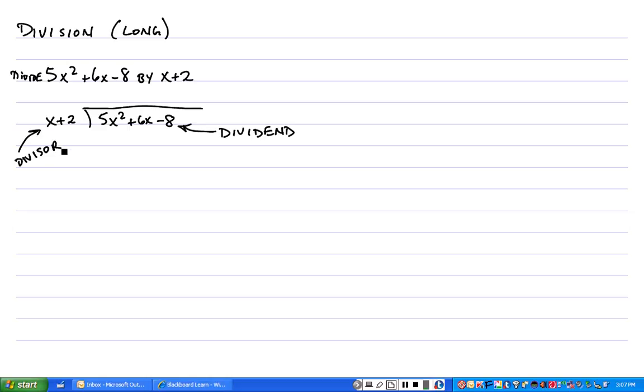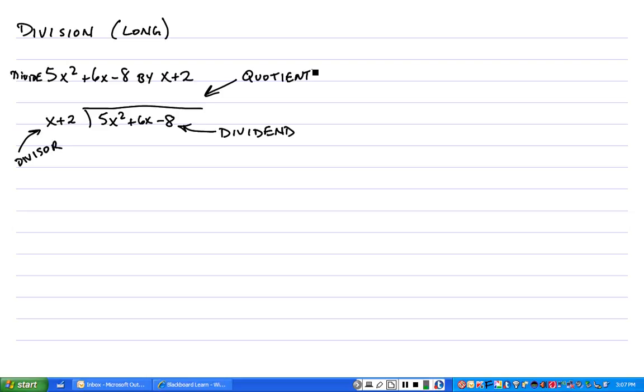So what we're dividing by is our divisor. The polynomial that we're actually trying to divide is our dividend, and then our answer that we come up with, which we will write up here, is called your quotient. So your answer for division is considered the quotient.